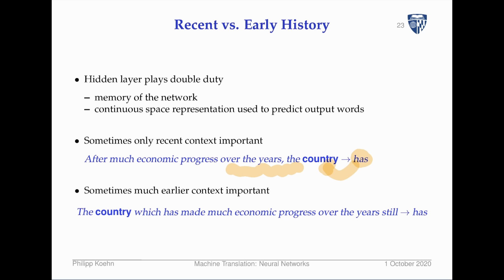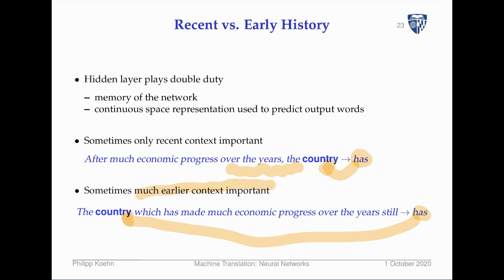But sometimes much earlier context is important. So if you look at this example, the country which has made much economic progress over the years still has. Now the word that is so important to predict this has, for instance, that it is a singular verb, not a plural verb, is influenced by country, which is a long time away.